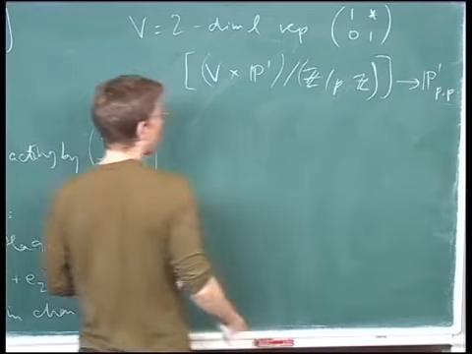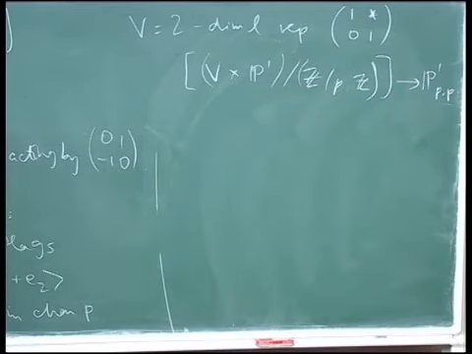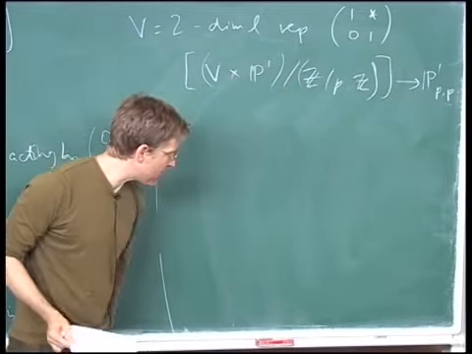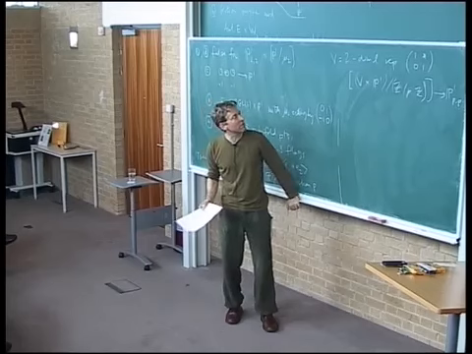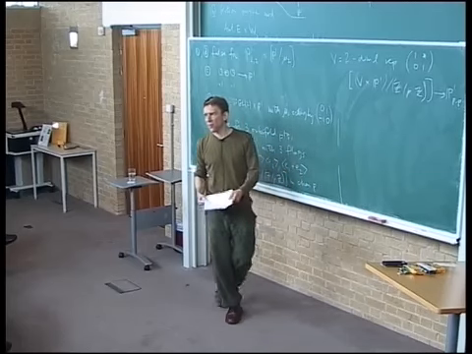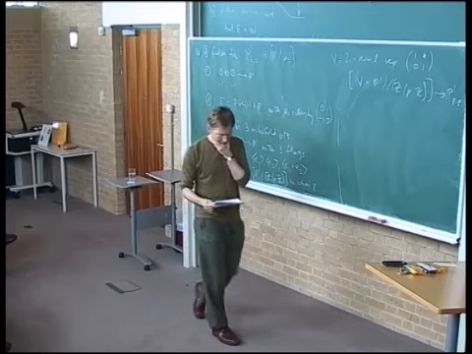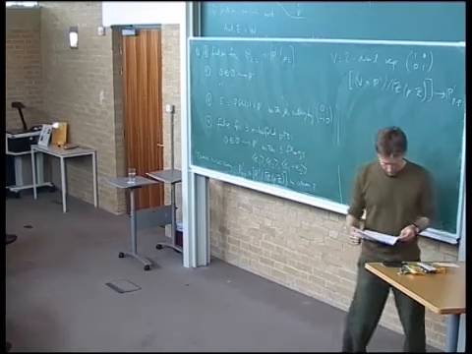This wild football does not split as a sum of line bundles because the representation is not completely reducible. So a lot of this just has to do with half-baked elementary facts in representation theory.